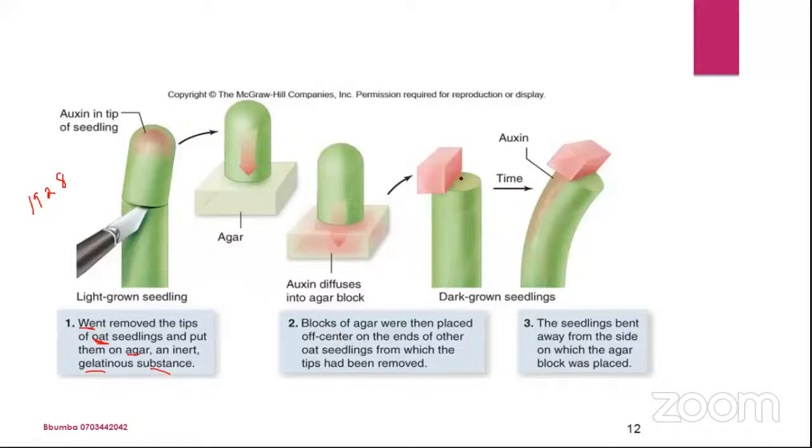They were placed off center, not in the middle, but just on the side, on the ends of other oat seedlings from which the tips had been removed. They diffused downward and made these cells grow more, and then it elongated more than this side, and that's why it bent towards the left, the right side. So the seedlings bent away from the side on which the agar block was placed.